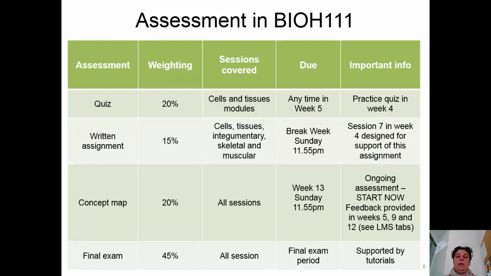The final exam is worth 45%. All sessions are included in the final exam, and the sessions themselves are absolutely supported by the tutorials.